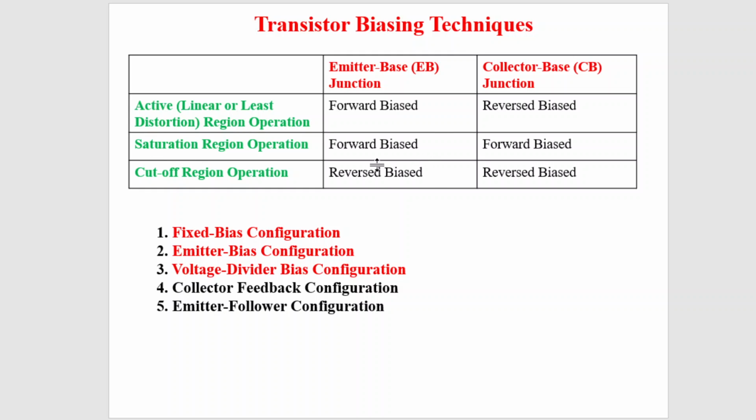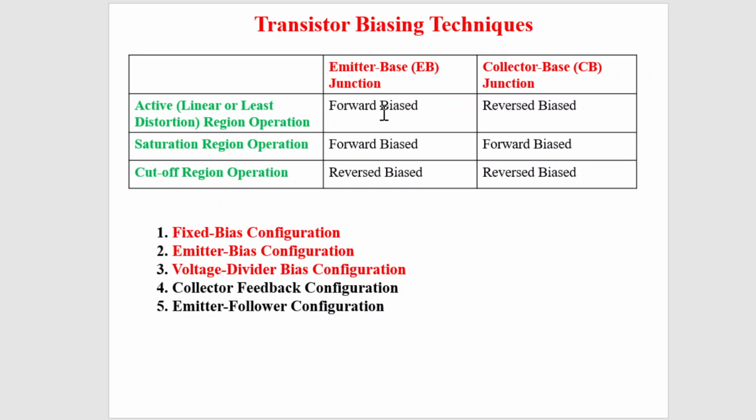If both junctions are in reverse bias, then the transistor goes into the cutoff region. And if the base emitter junction is in forward bias and the base collector junction is in reverse bias, then the transistor works in the active region. This region of operation is called the least distortion region or linear region of operation.